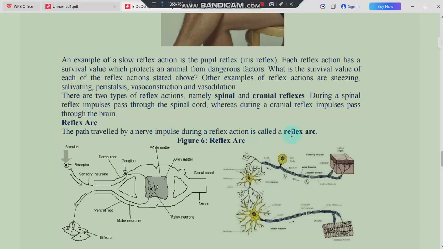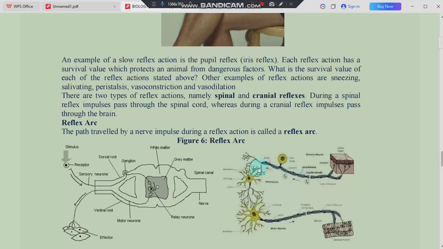For example, when a person is touching a hot object, your skin becomes the receptor, the one receiving the stimulus. Once that nerve message is converted to an electrical impulse, the sensory neuron carries that nerve message from the sensory receptor or sense organ, which is the skin, to the central nervous system.